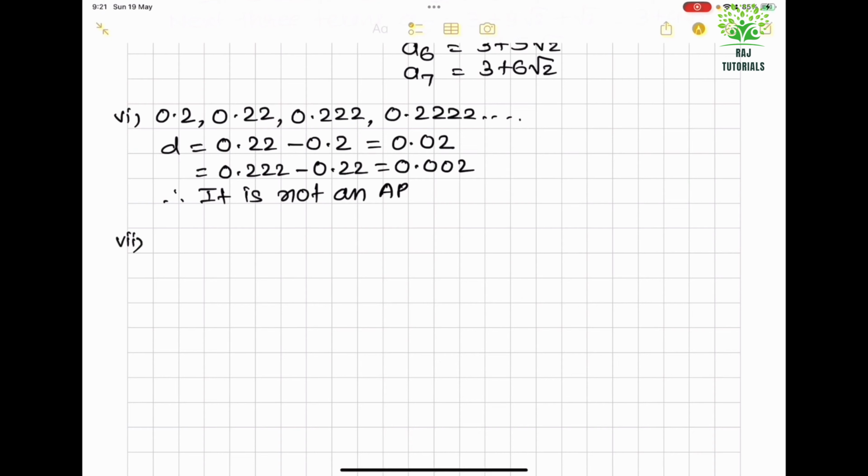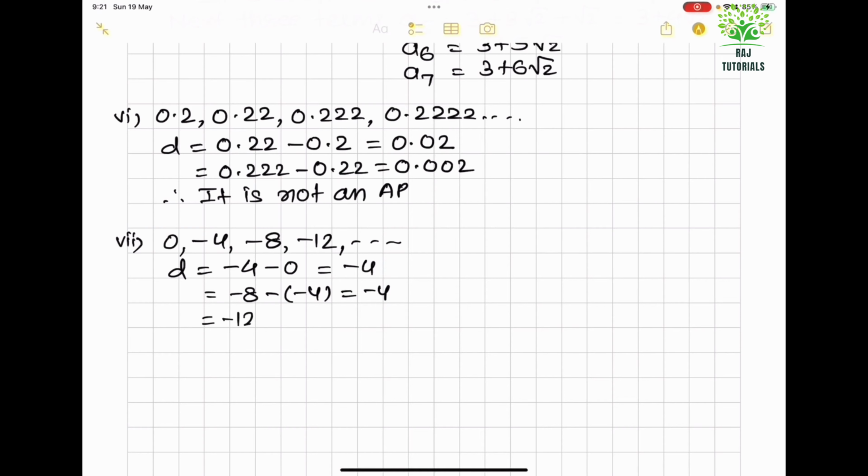Now seventh one, it says 0, minus 4, minus 8, minus 12, and so on. So D equal to minus 4 minus 0, that is minus 4, minus 8 minus of minus 4, that will be also minus 4, minus 12 minus of minus 8, that also will be minus 4.